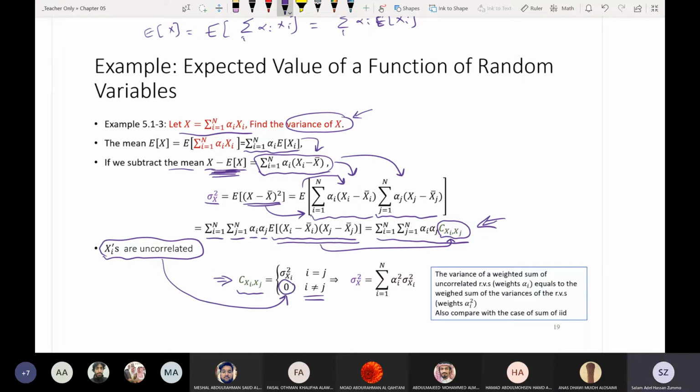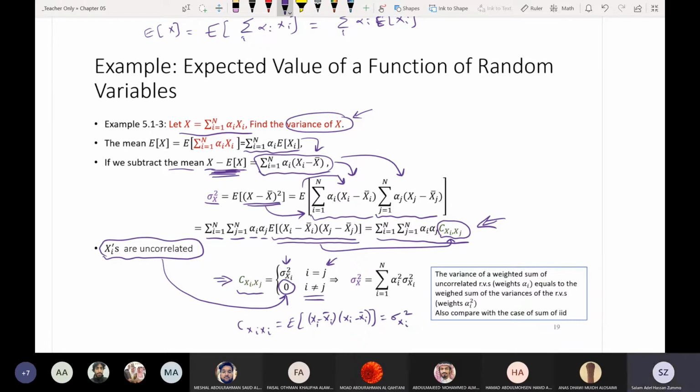And for i equal to j, I am talking about the same random variable. The covariance of xi and xi is what? It is the variance of xi. It is the expected value of xi minus xi bar multiplied by the same xi minus xi bar, which is sigma xi squared.